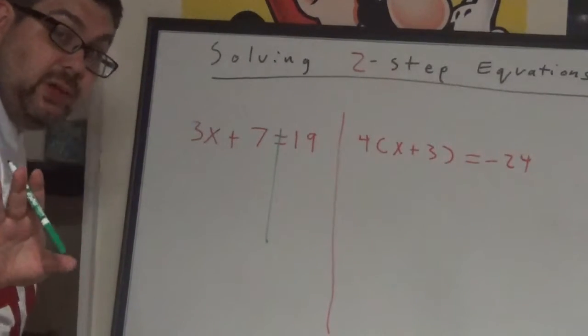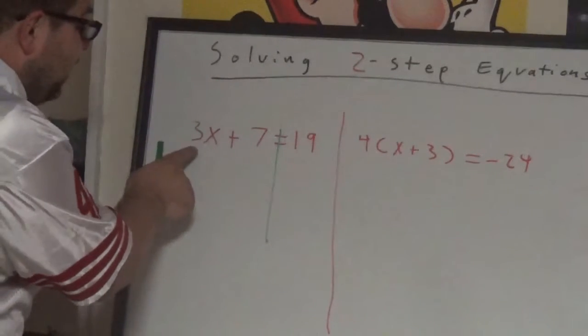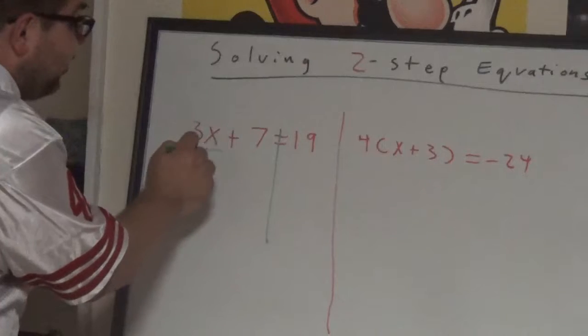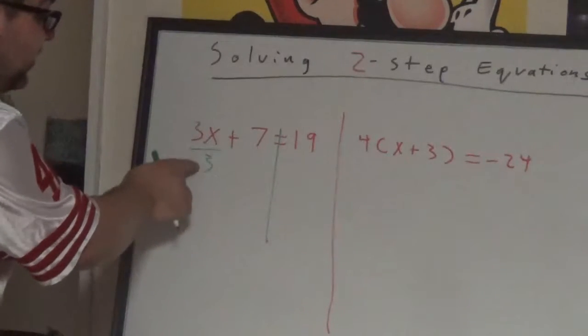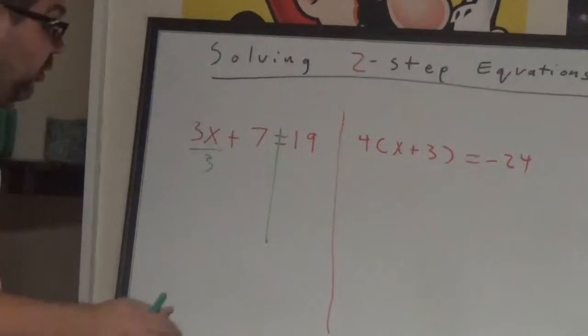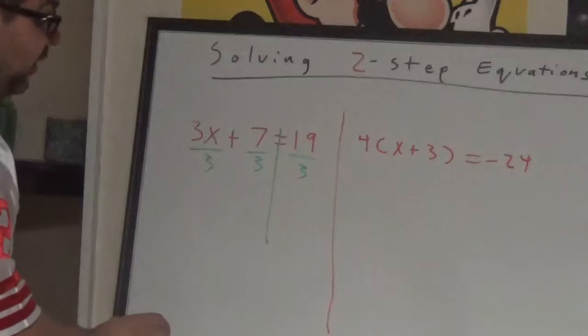Now I'm going to start by doing it incorrectly. If I started out by dividing by 3 and saying I'm going to remove this 3, I would have to divide everything by 3.